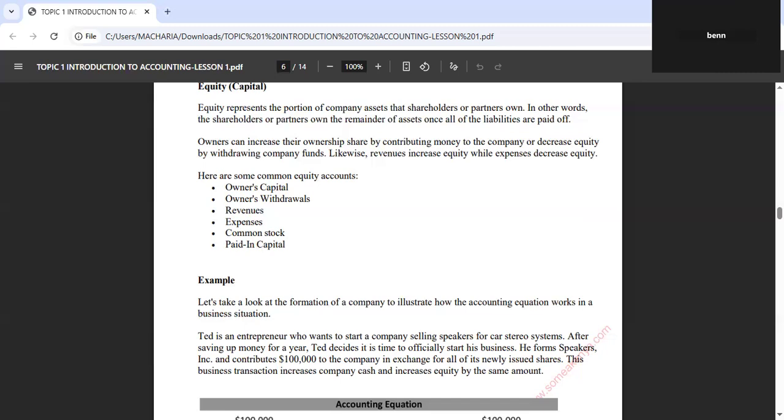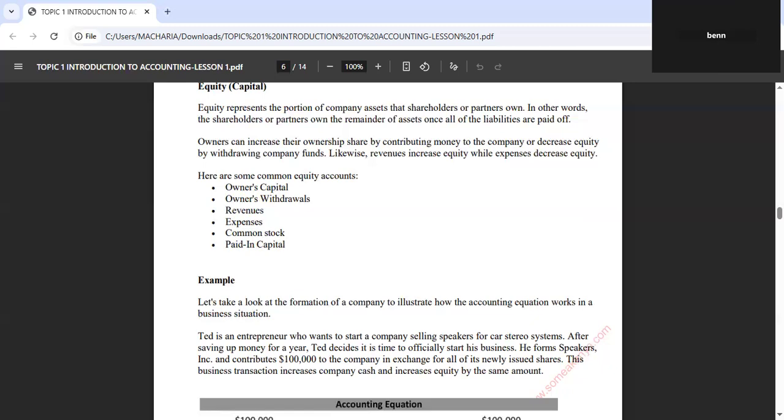After saving up money for a year, Ted decided it's time to officially start his business. He forms Speakerline and contributes $100,000 to the company in exchange for all the newly issued shares.